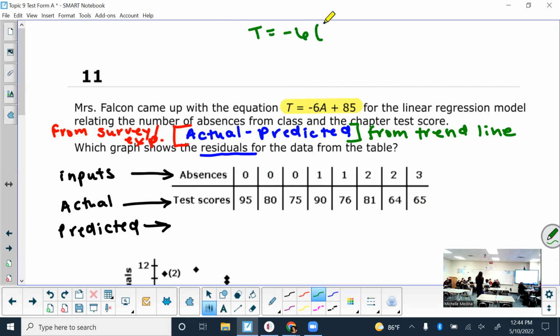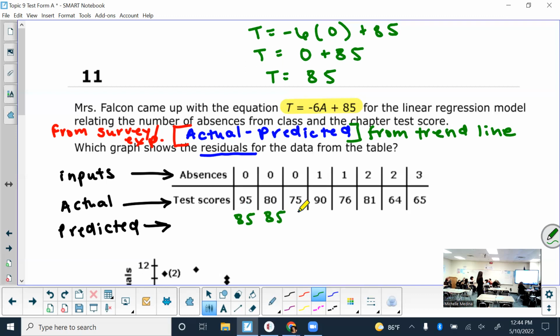So like here's an input of 0. So I plug that in for the A, because A is for absences, T is for test score. What's -6 times 0? 0. And then 0 plus 85 is 85. So my first predicted value for when the input is 0 is 85. And they should be the same for each input of 0, right?